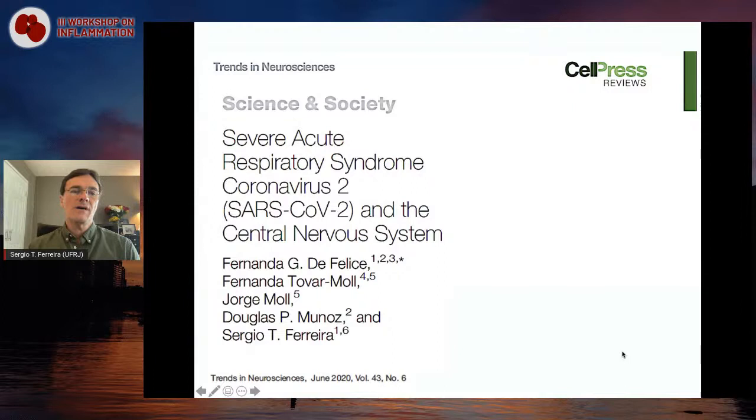So led by Fernanda de Felice and in collaboration with some other colleagues from Brazil and Canada, we published a perspective article back in April of last year, so as I said, about 1.5 years ago, dealing with the possible consequences of infection by SARS-CoV-2, the causative agent of COVID-19, on the central nervous system.